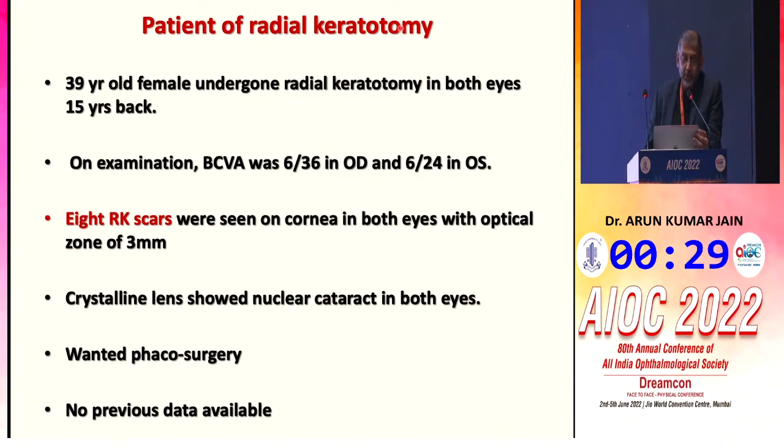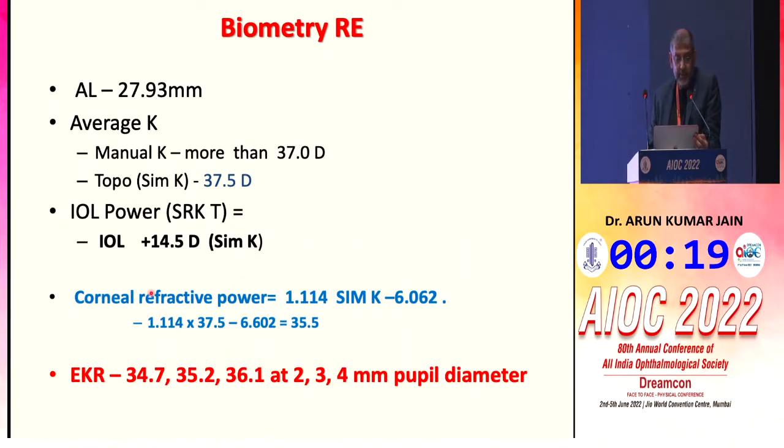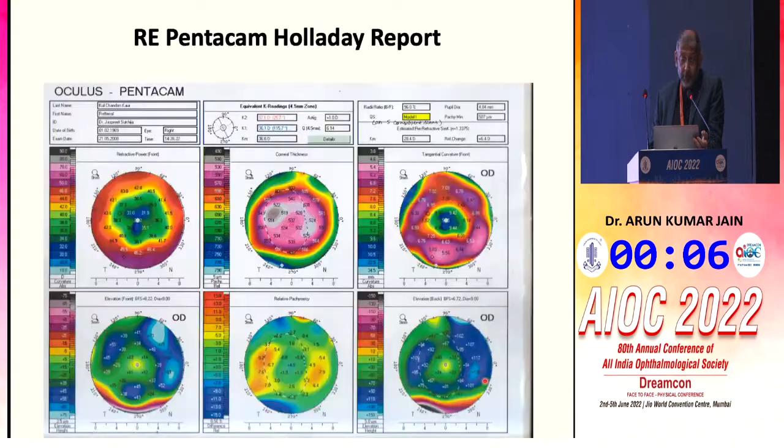This is a patient with post-radial keratotomy with diminished vision, and 8 RK scars were there. So the patient wanted surgery, and this is the biometry of the eye, and these are SimK readings, but EKR readings are around 34.7, on an average around 35 at 1, 2, 3, 4 millimeter.